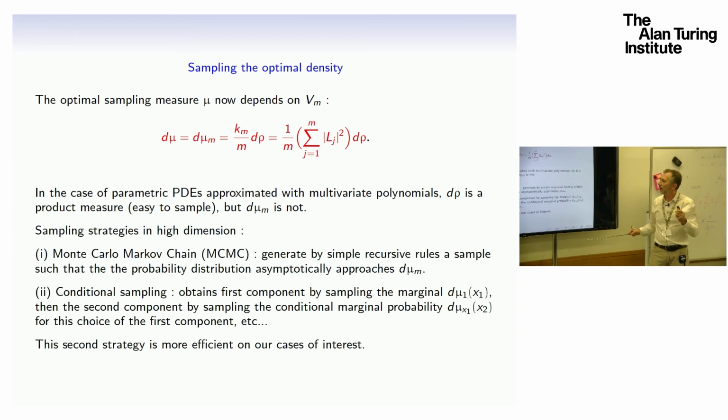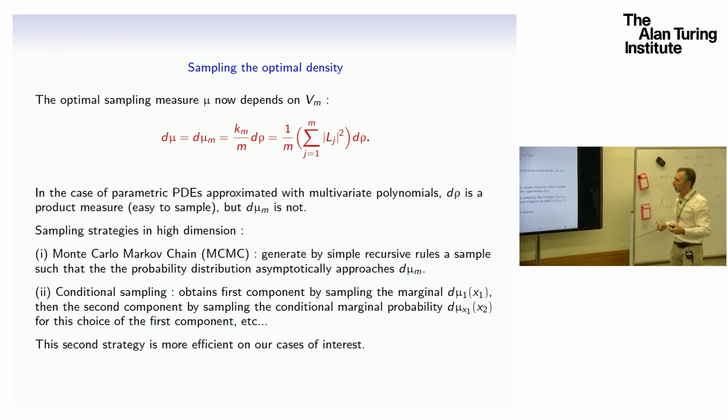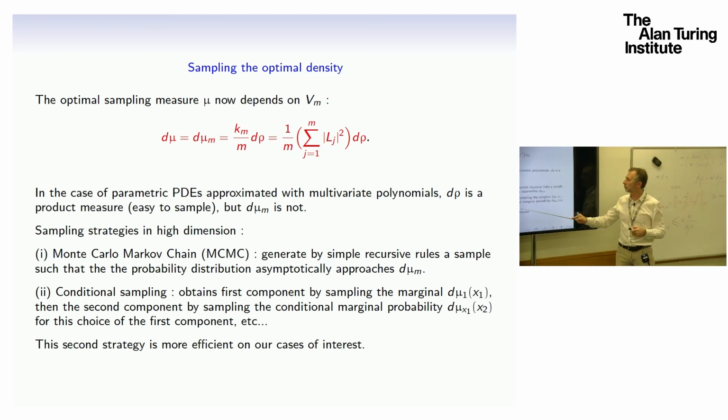So in high dimension, what can you do to sample this measure? Of course, there are recursive methods like Markov chain Monte Carlo, which essentially generate, by a recursive rule, a sample such that you approach this measure asymptotically. For this problem, we didn't have to do that.